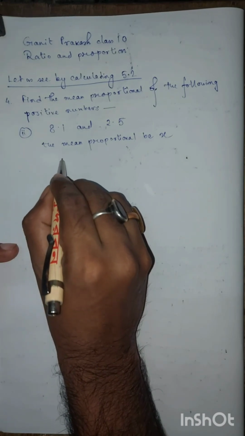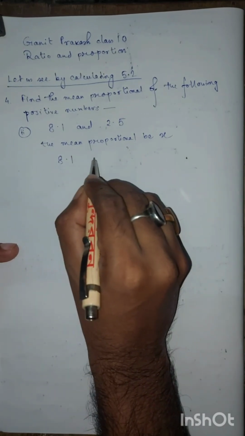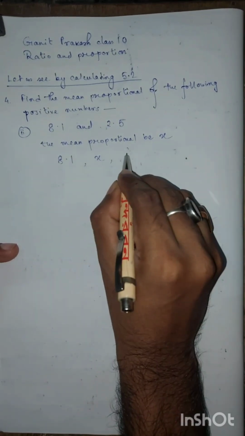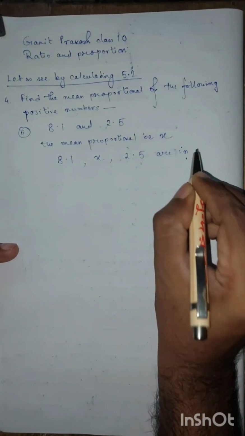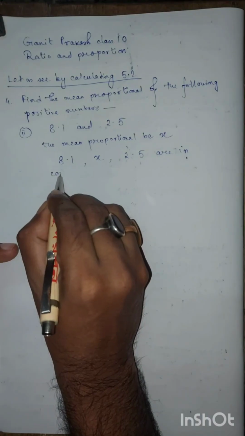So 8.1, x, 2.5 are in continued proportion.